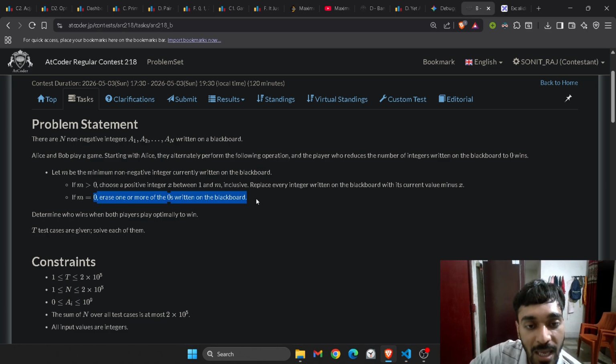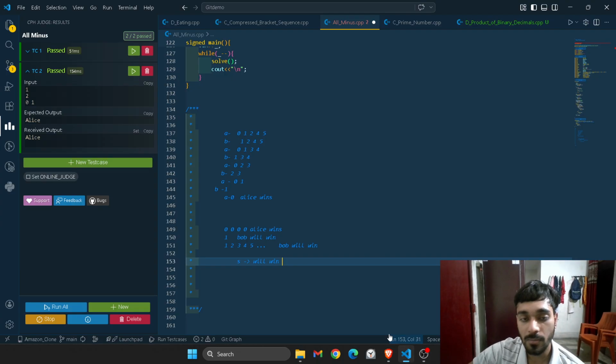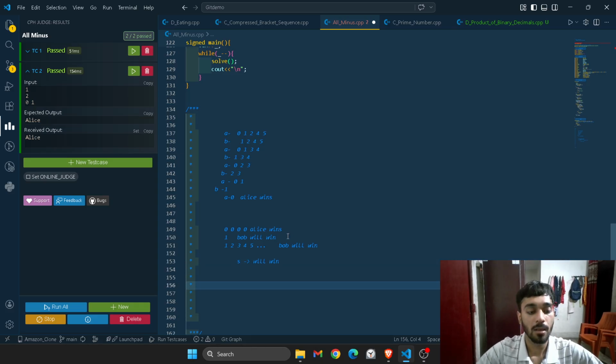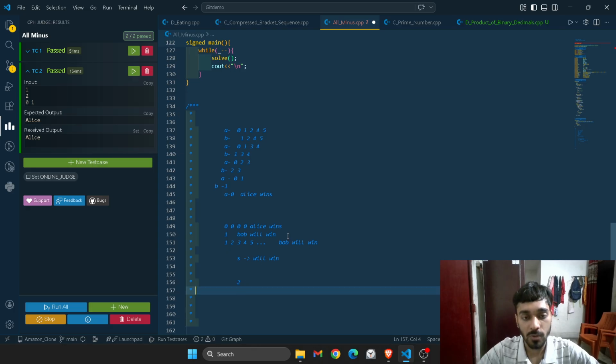This condition will help us change the turns. Another thing is, if you have a 2 written on the board and you are going to perform the operation, you can do two things: make it 1 or make it 0.